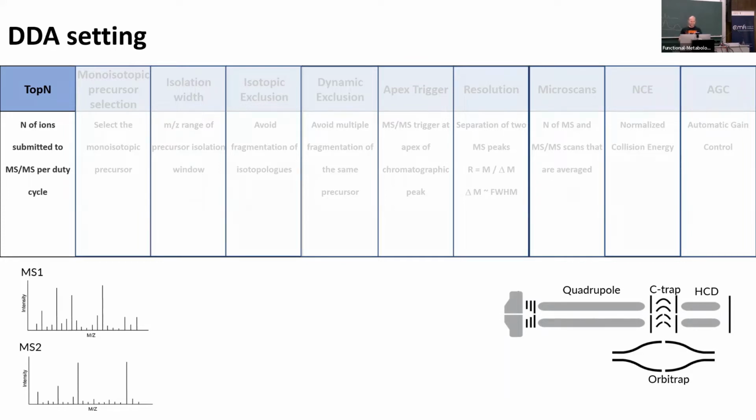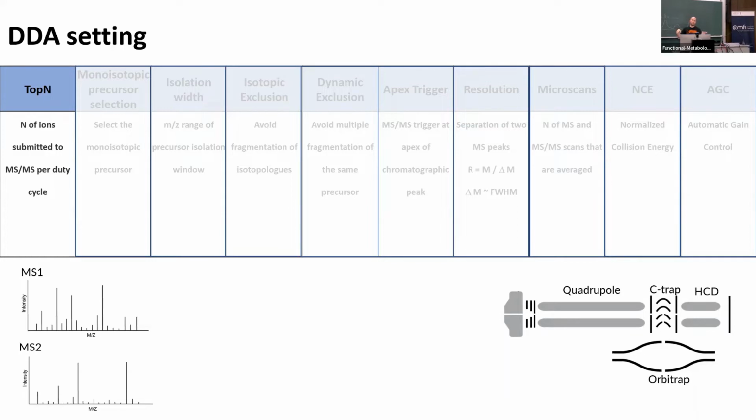So, okay, first thing, top N. That is simply the number of MS-MS events per duty cycle. So that would be, I don't know, a top 3 scan. It would do an MS1 precursor scan, and then pick the 3 most abundant peaks. And then the next round, if they're set on the exclusion list, it would go down the ladder and pick the next 3 ones, right?